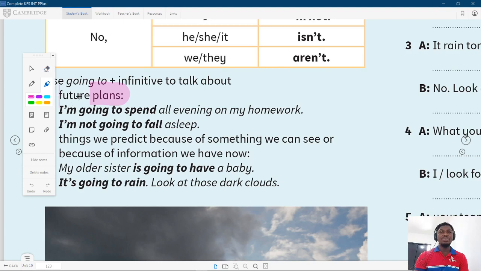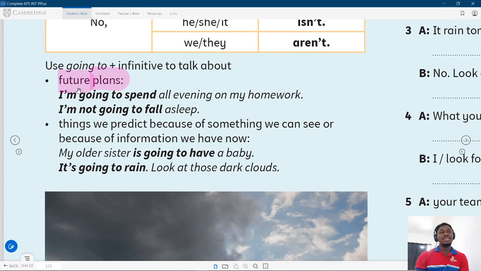An example: I am going to spend all evening on my homework. It means I have a plan to do my homework this evening, in the future. Another: I am not going to fall asleep. So this is another future plan.